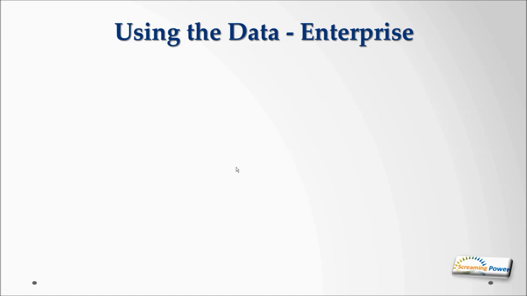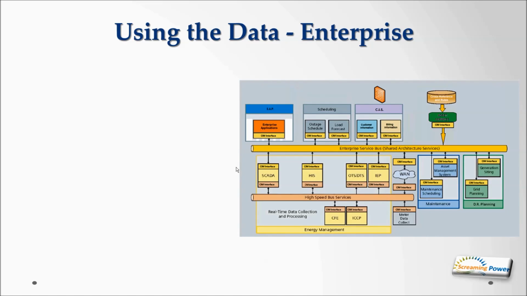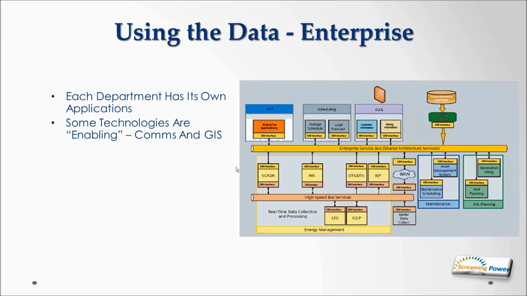So how do we use the data within the enterprise? If you remember this part of the diagram from a previous diagram when we were talking about generation and data flows, you see we have lots of different components, and typically each department has its own applications. In the past, historically, they were actually purchased without any reference to what other departments were doing. And so we've got all these different applications with their own islands of information.